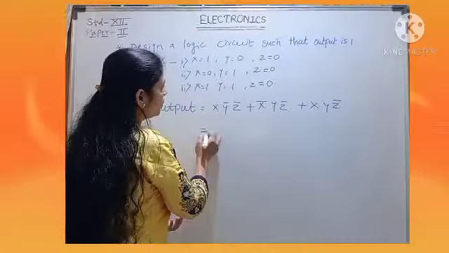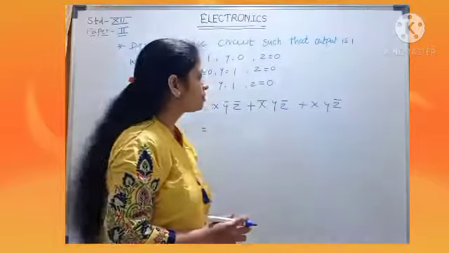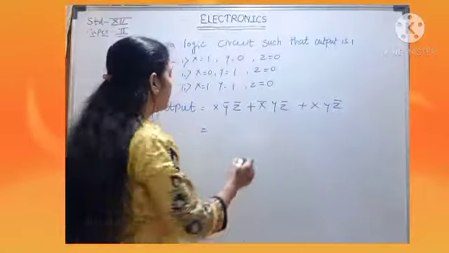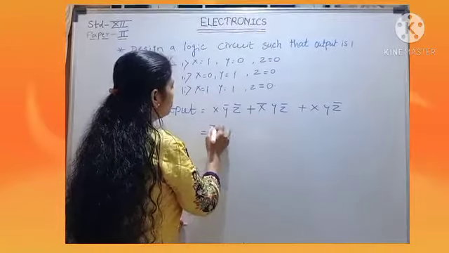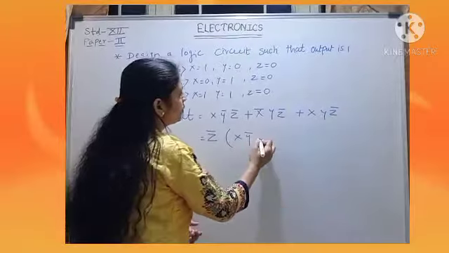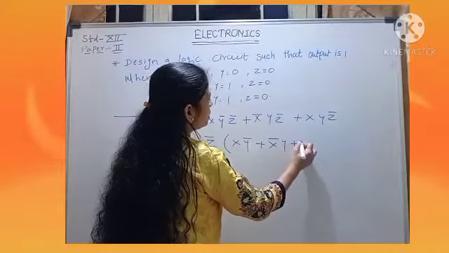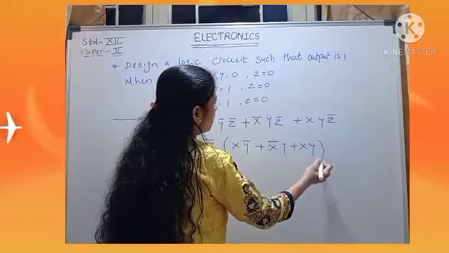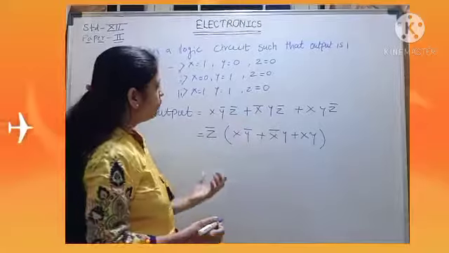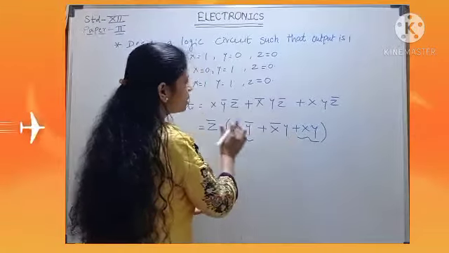Now here, see the first term, second term and the third term. All these terms contain z bar. So we can take the z complement common. So we got here x, y complement plus x complement y plus x, y. Now, from this and this term, we can take x common.